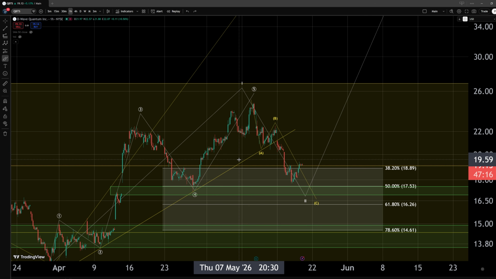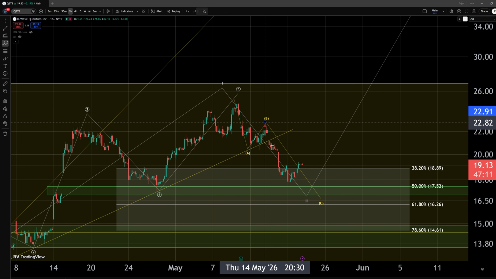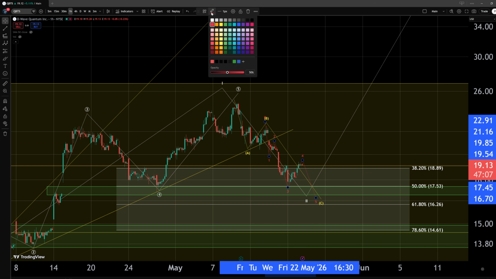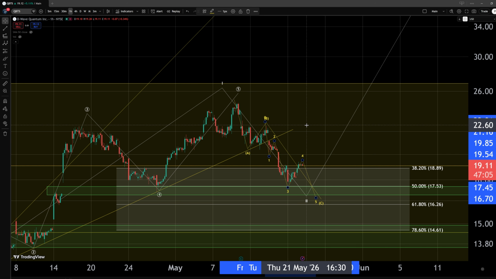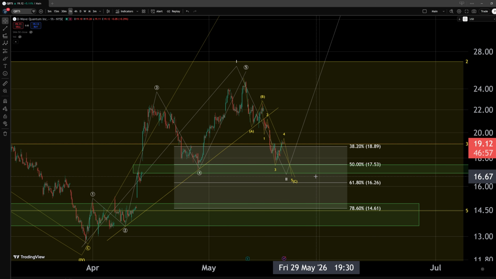Within this interpretation, we would expect to potentially build one more low within this wave C in yellow, and within this one more low, I could very easily see it possible to form a more substantial bottom within this green support box that I have drawn here on the chart.